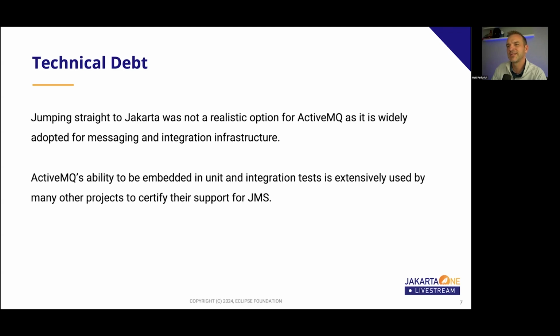So taking something that you think is just server side and saying okay, we're going to flip the switch and jump to Jakarta is just not realistic. We had to be really mindful that making these changes was going to break a lot of people's not only back-end infrastructure, or had the potential to break infrastructure, integration, and unit tests as well. So we want to be mindful of all those things.